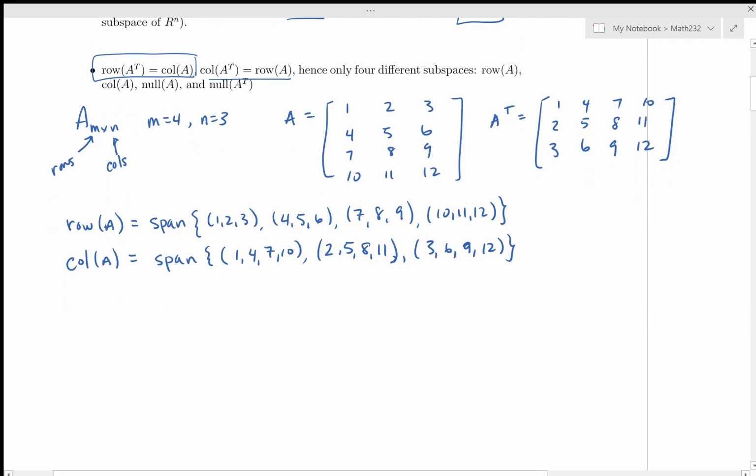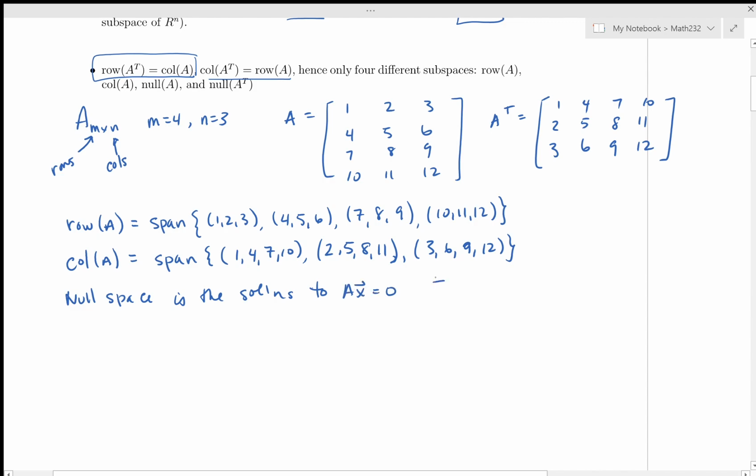Okay, the null space is the space of all the solutions to AX equals 0.